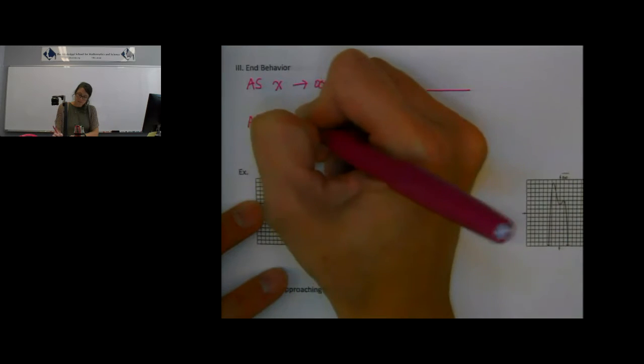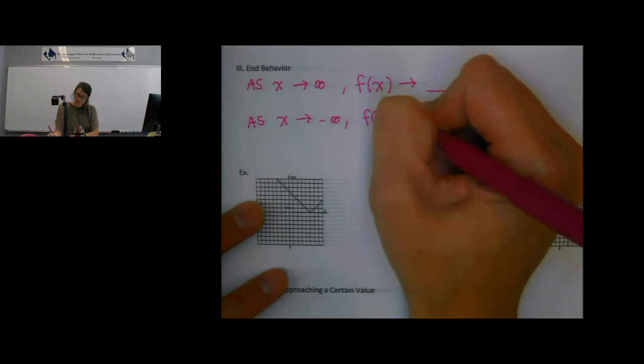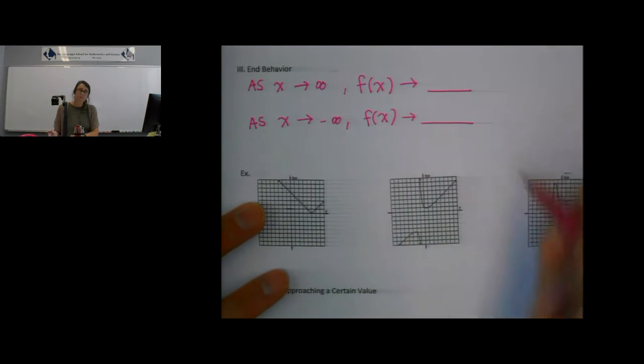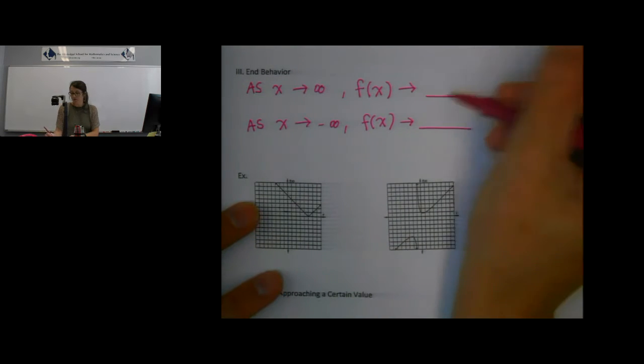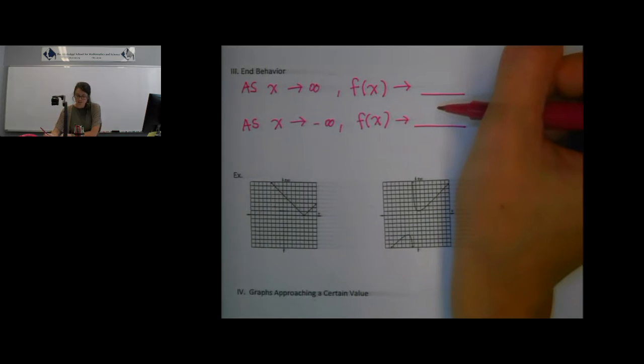As x approaches negative infinity, what does f of x approach? So that is called the end behavior. So your f of x is how you can define the end behavior.